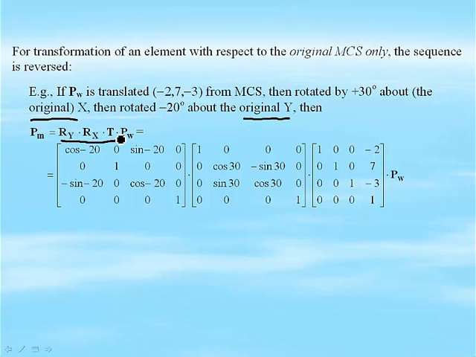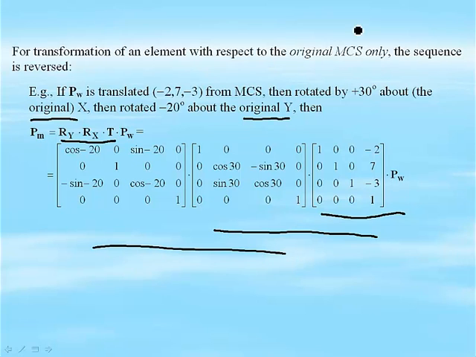And in this case we can think about, here's the point, or the vector that gets changed, and the first thing that happens to it is the translation, even though that was the first step in what happens. So here's the vector, first it gets translated, then the result of that gets rotated 30 degrees about x, and then the result of that gets rotated minus 20 about y.